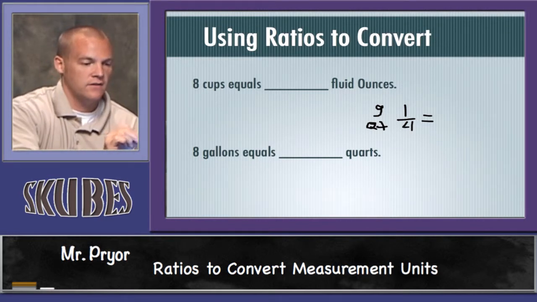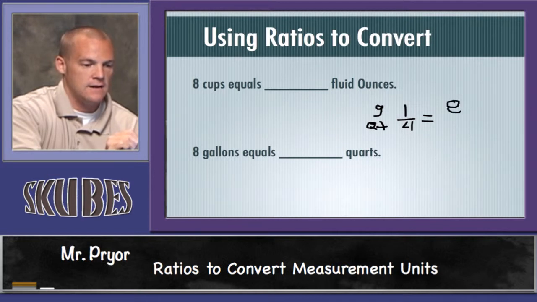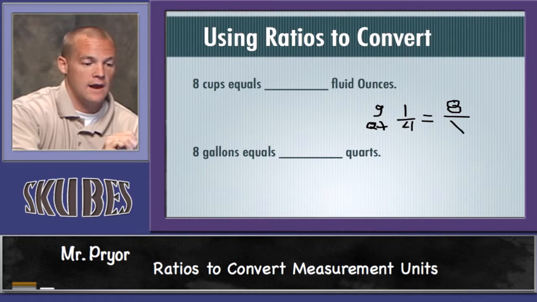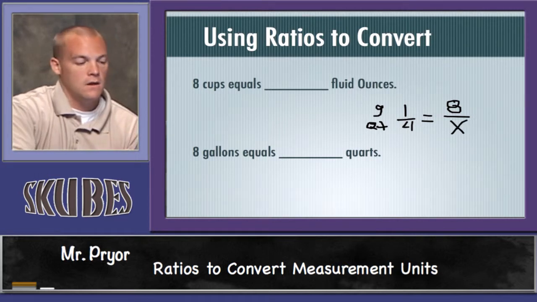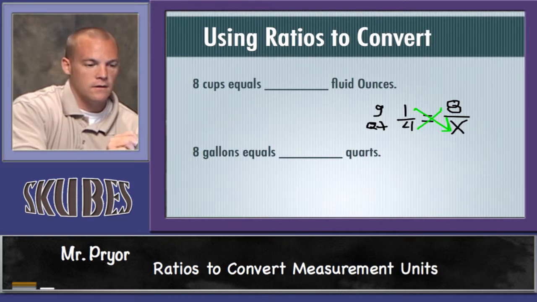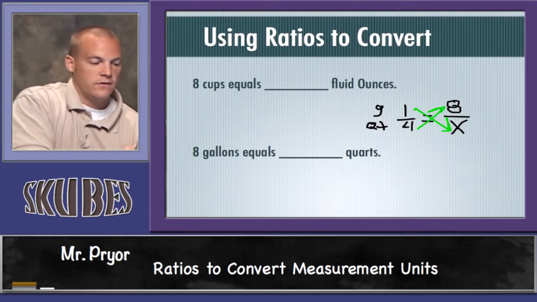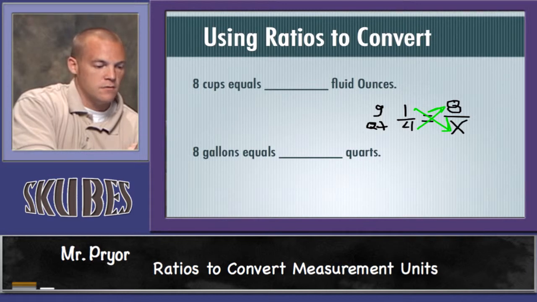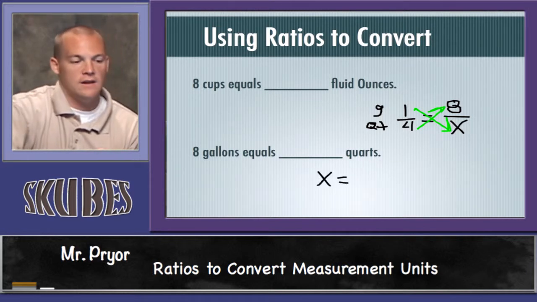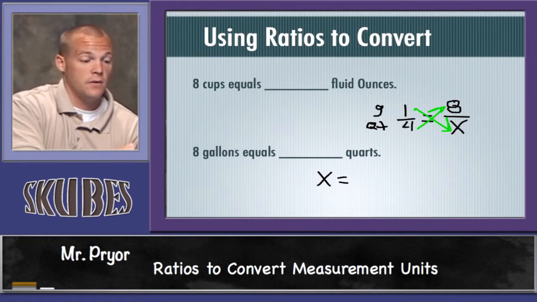So we know the gallons, which would be on top, 8. However, we're looking for the number of quarts, which we don't know, x. And then we'll cross multiply. 1 times x, 4 times 8. So again, you can see after you multiply, 1 times x sets you up for your solution again. 4 times 8 is going to give you 32.